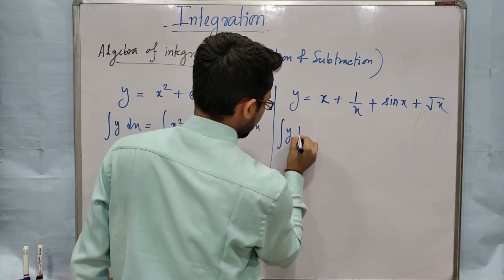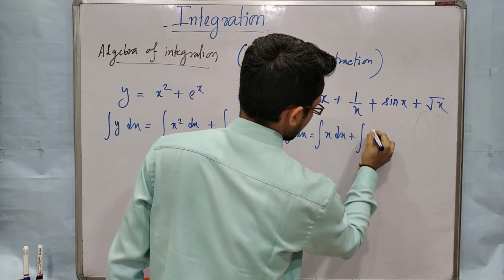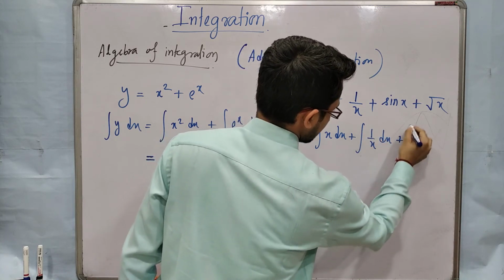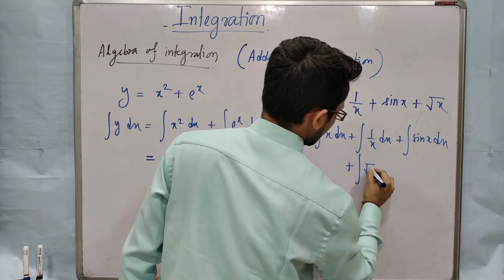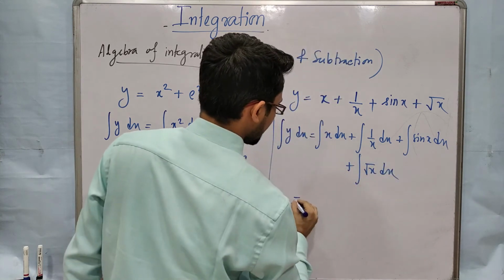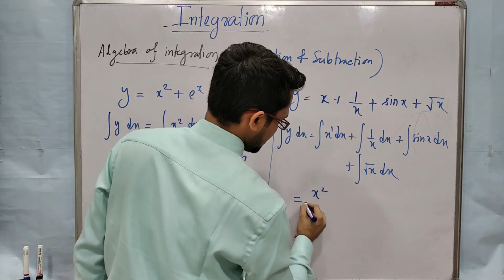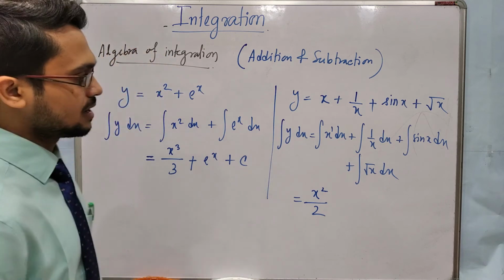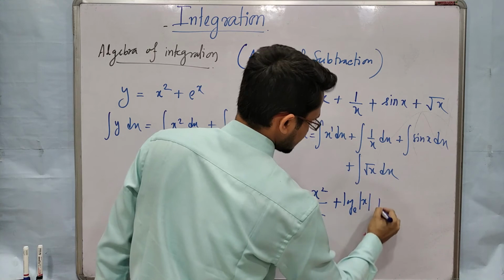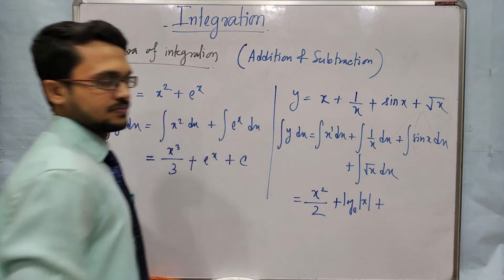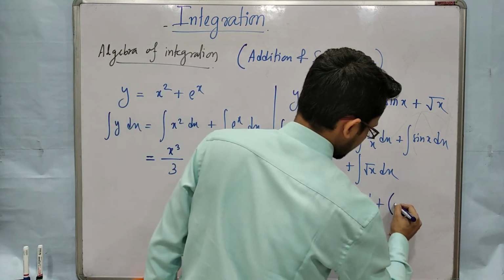Then integration y dx equals integration x dx, plus integration 1 by x dx, plus integration sin x dx, plus integration root x dx. Okay, x dx means x to the power 1, so x to the power 1 plus 1, that is x square by 2. Integration of 1 by x dx is log e mod x. Integration of sin x dx is minus cos x.